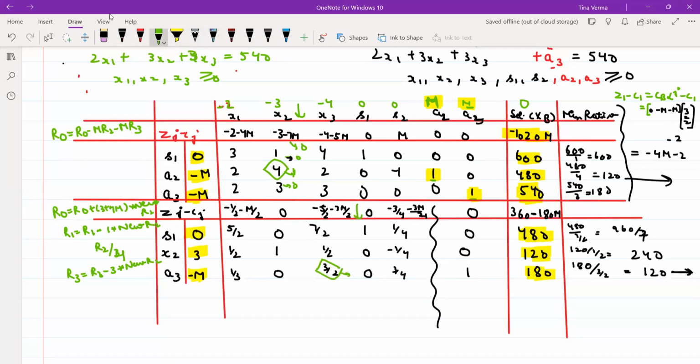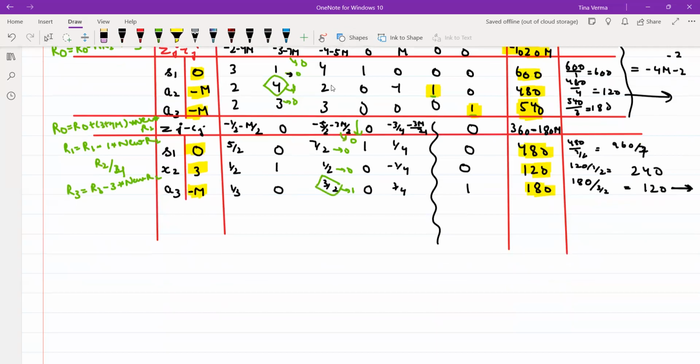We have to make pivot element 1, and the other elements in this column 0. Apply the operation.